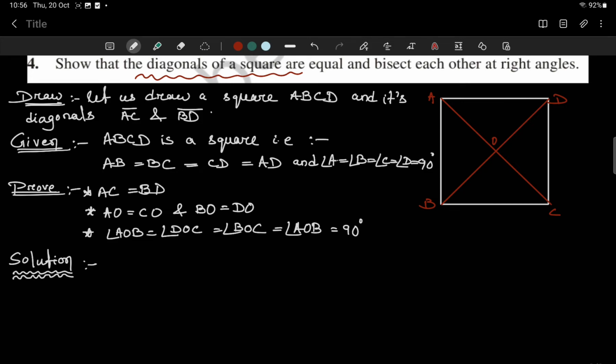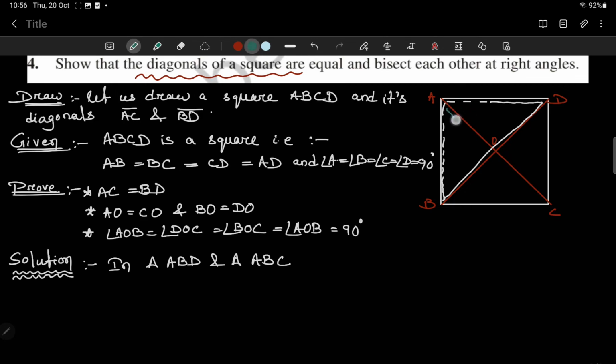for triangle ABD and ABC. So in triangle ABD and triangle ABC, which part is it? ABD is this part, and another part is ABC.